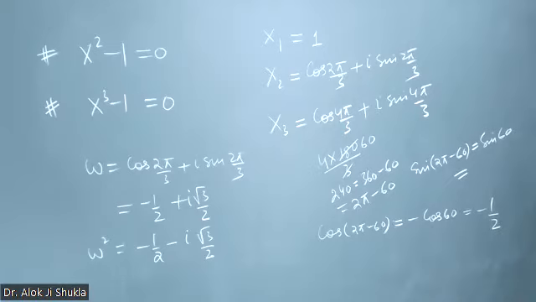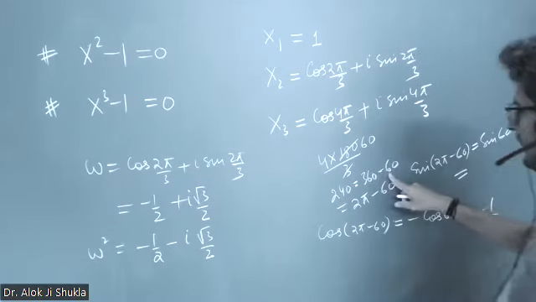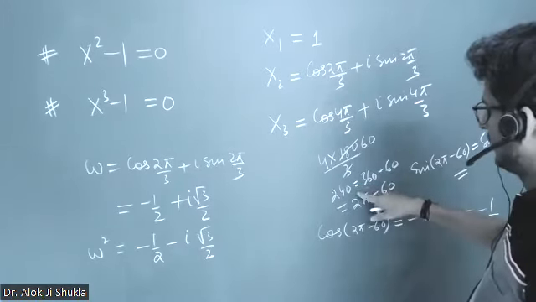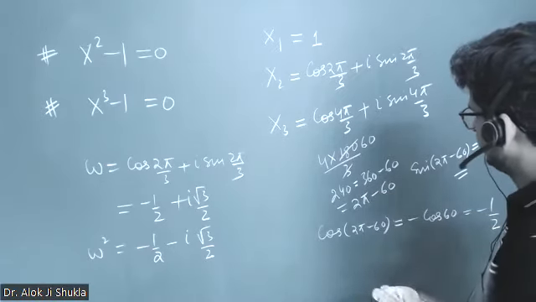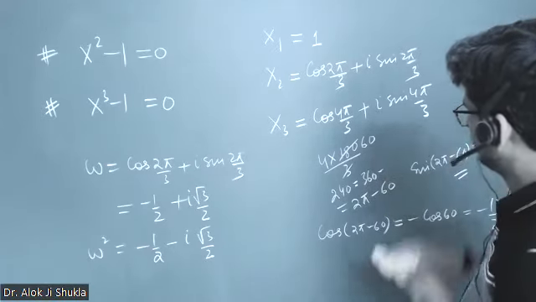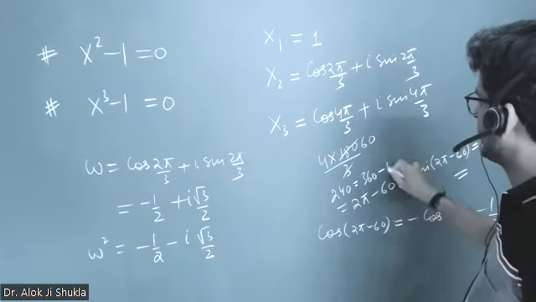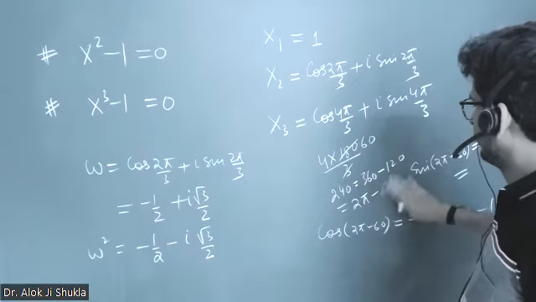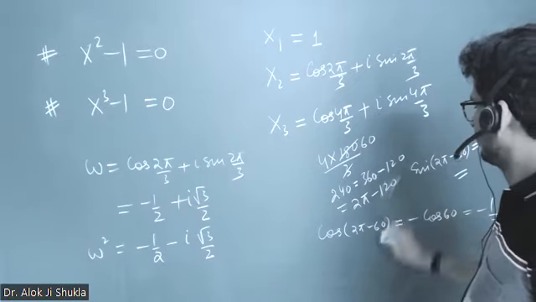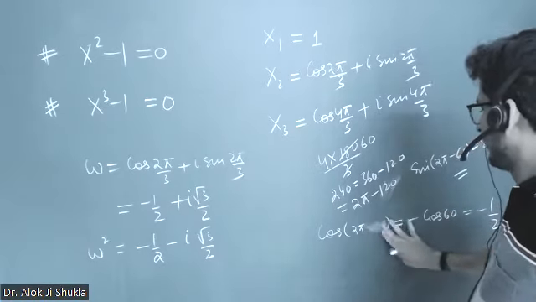Sir, how are you writing minus 1/2? Sir, 360 minus 60 is equal to 300. Is this not correct? I wrote this wrong. How much will it be? 360 minus 120. 60 will go, and another 60 will go, right? This will be 120.